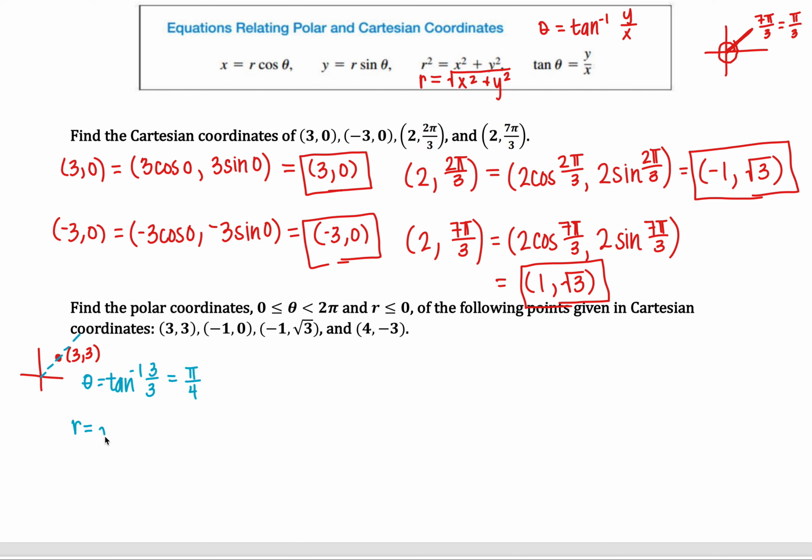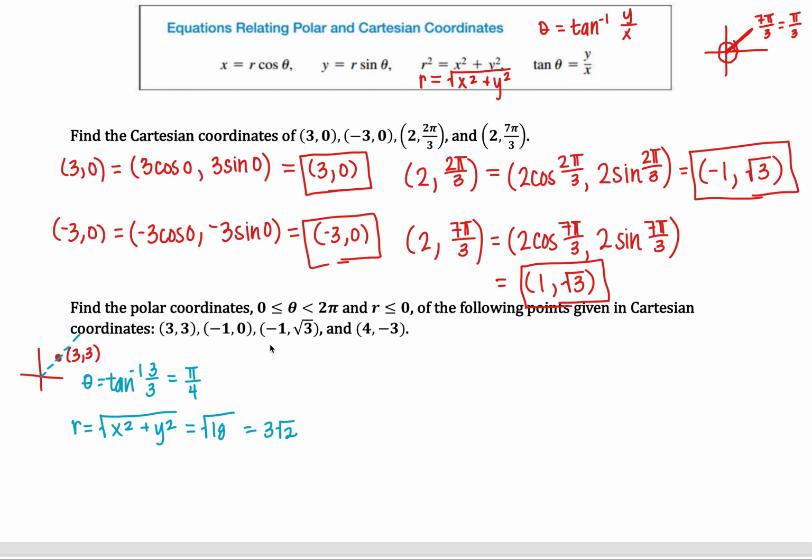r is equal to the square root of x squared plus y squared. Since x is 3 and y is 3, r is going to be the square root of 9 plus 9. So r is equal to the square root of 18, or 3 times the square root of 2.